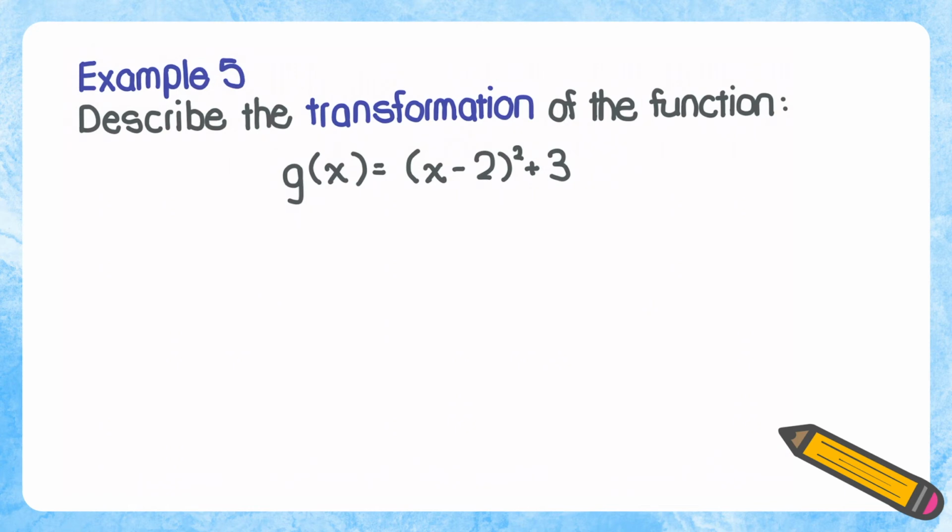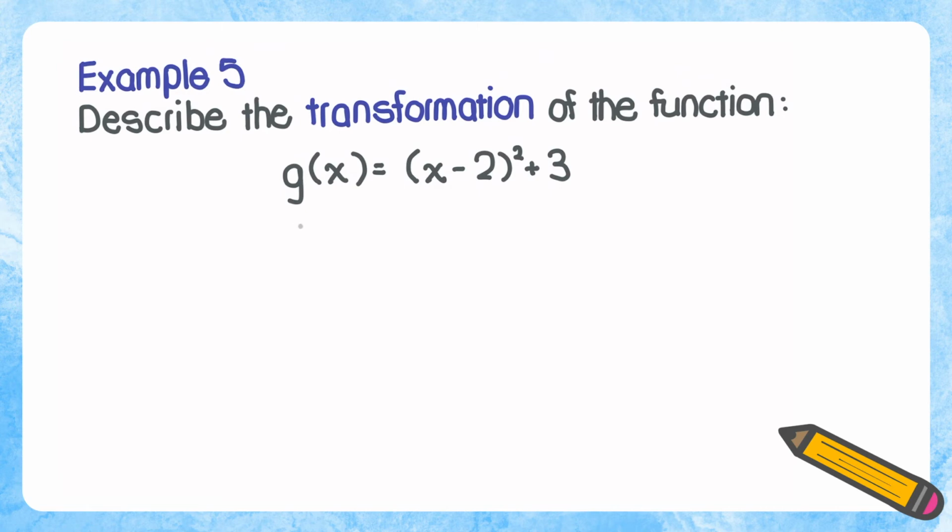Next, let's look at some special cases. For this example, let's describe the transformation of g(x) = (x - 2)² + 3. What might be missing here?